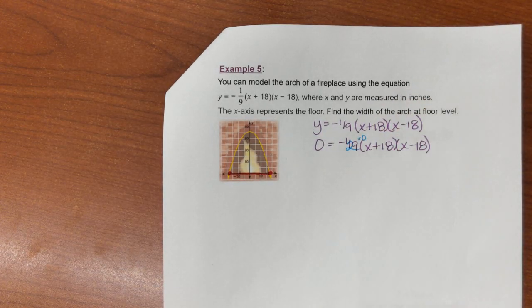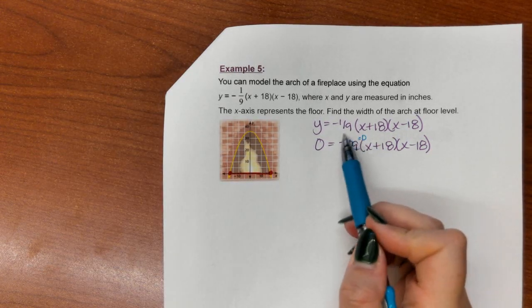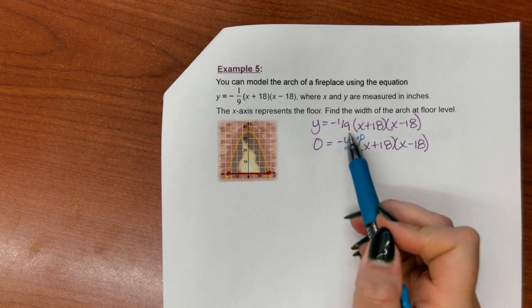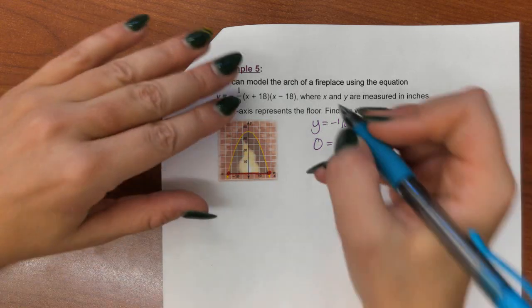Does 2 equal 0? No. The reason that doesn't work is because there's no variable here. It's just a number. Because it's just a number, I can't solve anything. It's just a constant. It just is -1/9. So it doesn't have anything to do with when I'm solving it.